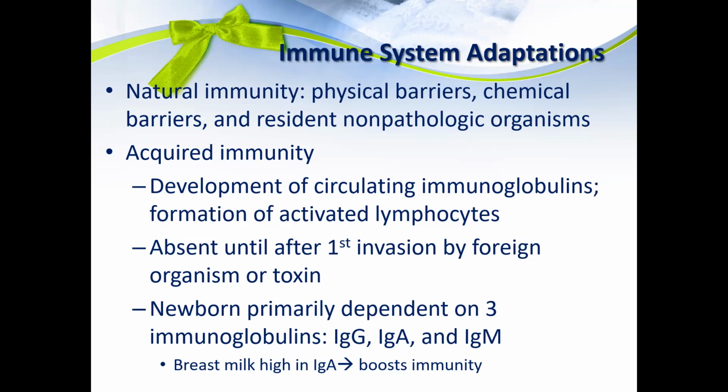IgA is the second most abundant. It does not cross the placenta. It doesn't reach its maximum levels until childhood. It does help protect the mucous membranes from viruses and bacteria. IgA is mostly found in those GI tracts, respiratory tracts, tears, saliva, colostrum, and breast milk.